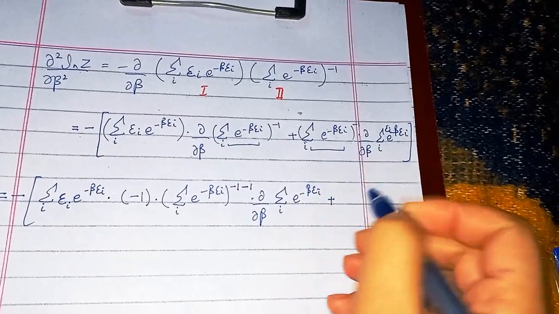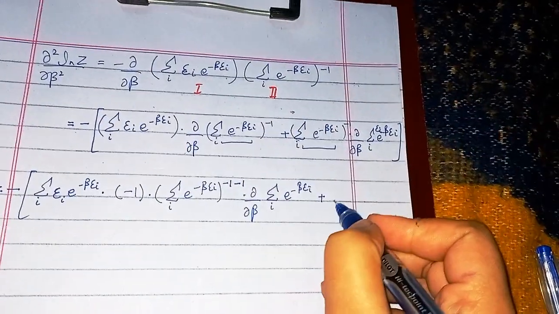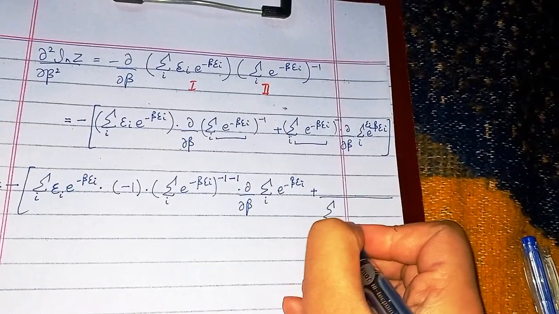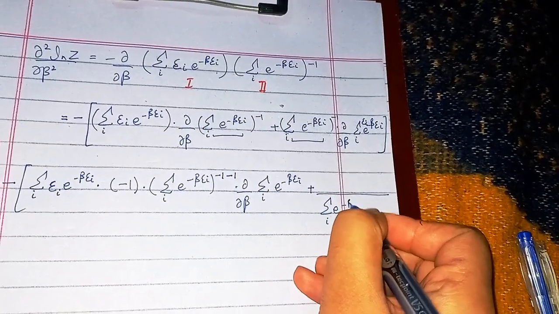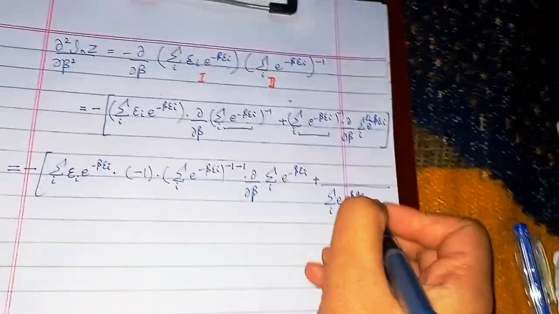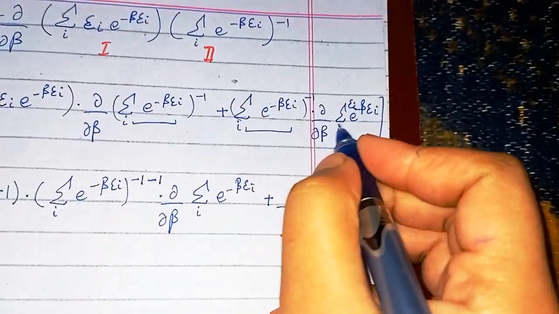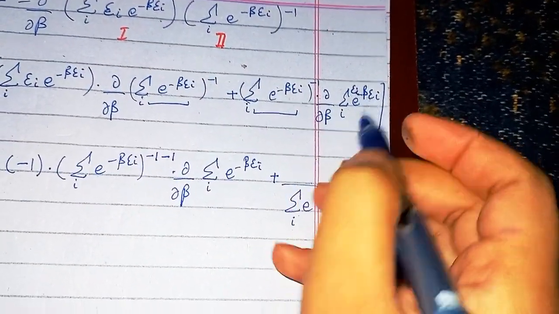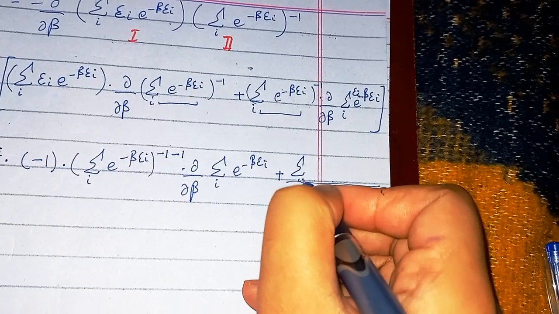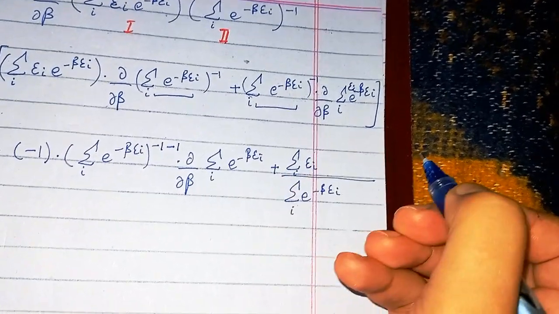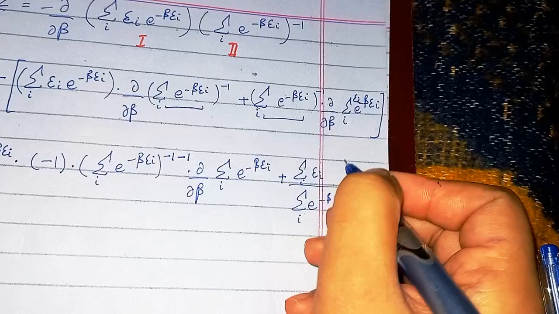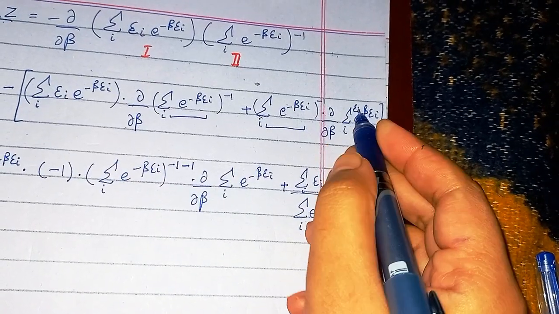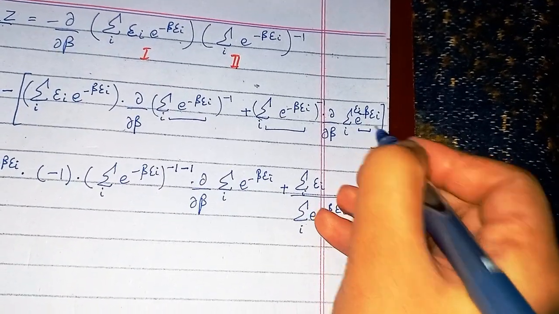this term remains like that, so it's -1 power in the numerator, so it becomes a positive power in the denominator, simply because its derivative is not involved. So we'll write it simply like that, and we'll take the partial derivative of this term. Summation over i of ei remains the same because it doesn't contain any beta, so the derivative will not be applied on ei but on this exponential term.